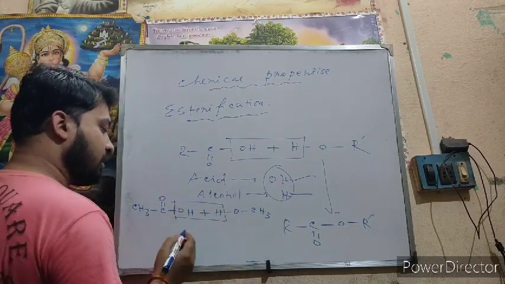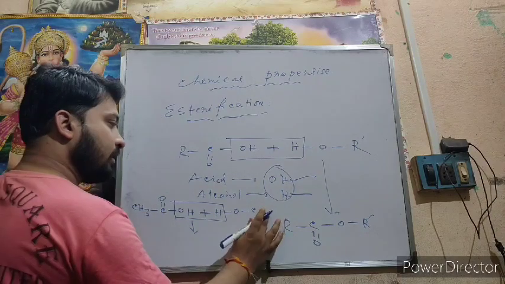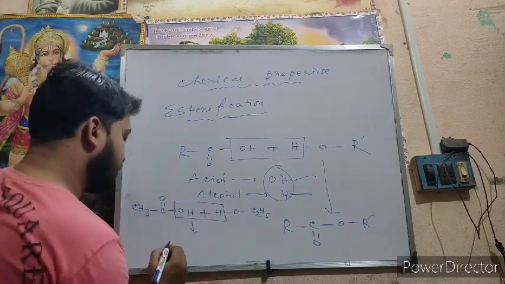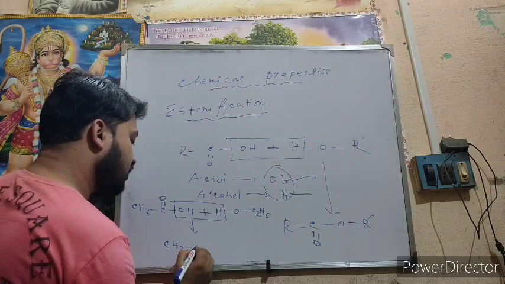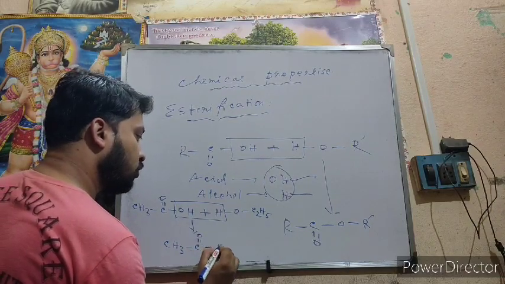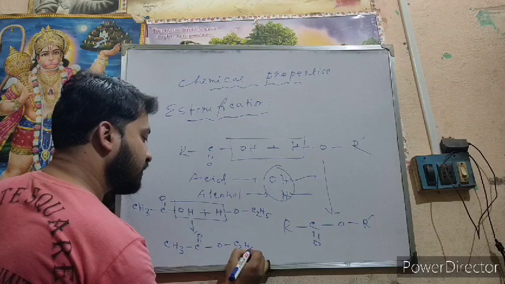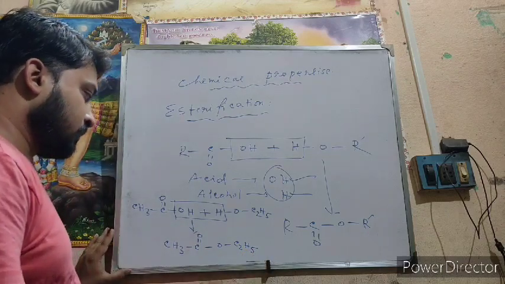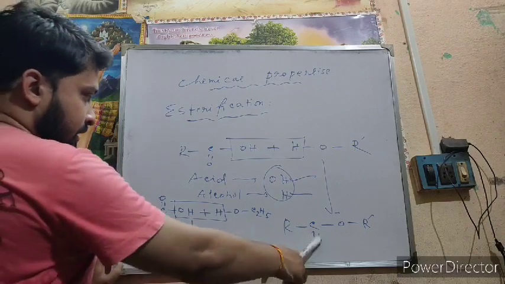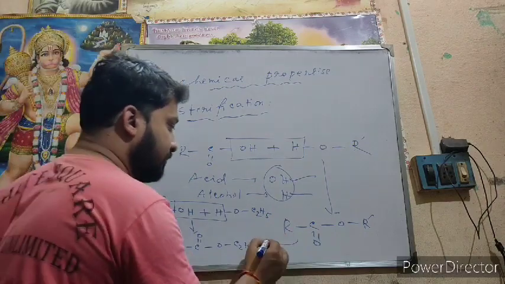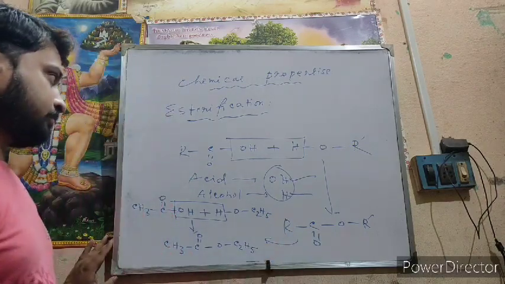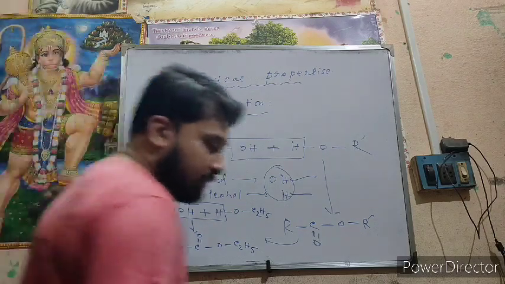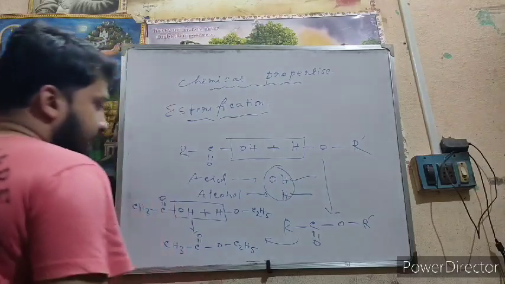So you remove water and you get this. I take it as ethanol. So the product is CH3 C double bond O C2H5. So this is the product RCOOR as it is. This is the example of esterification. Okay.